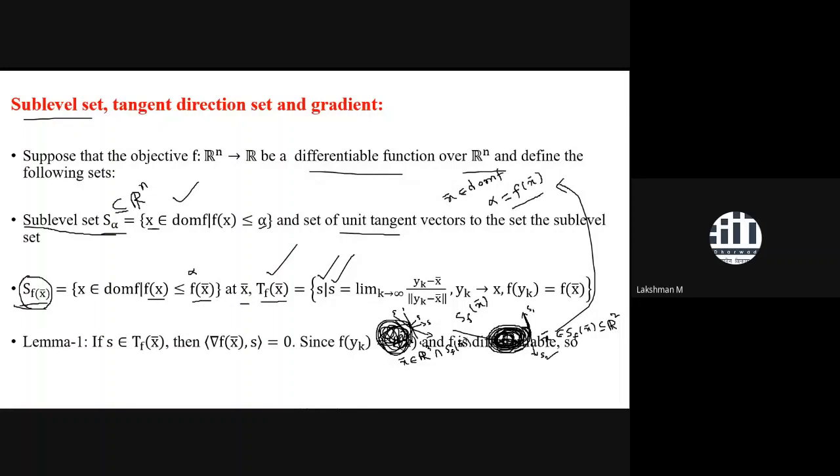Now there is one important condition. It says that if you take any direction from the tangent set, a better name would be the unit tangent set at x bar.